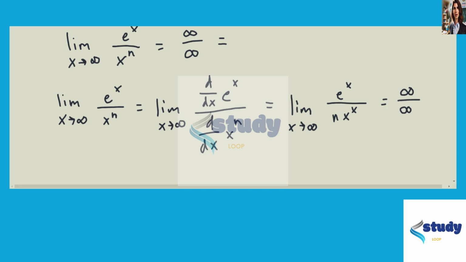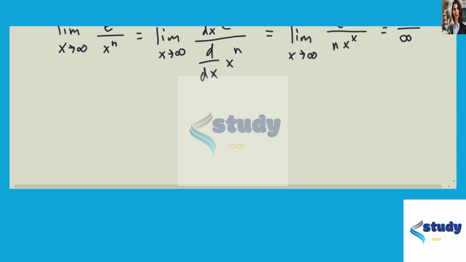So for example, if you take L'Hopital of this, you'll get the limit as x approaches infinity of d/dx of e^x over d/dx of x^n. That should have been n there.